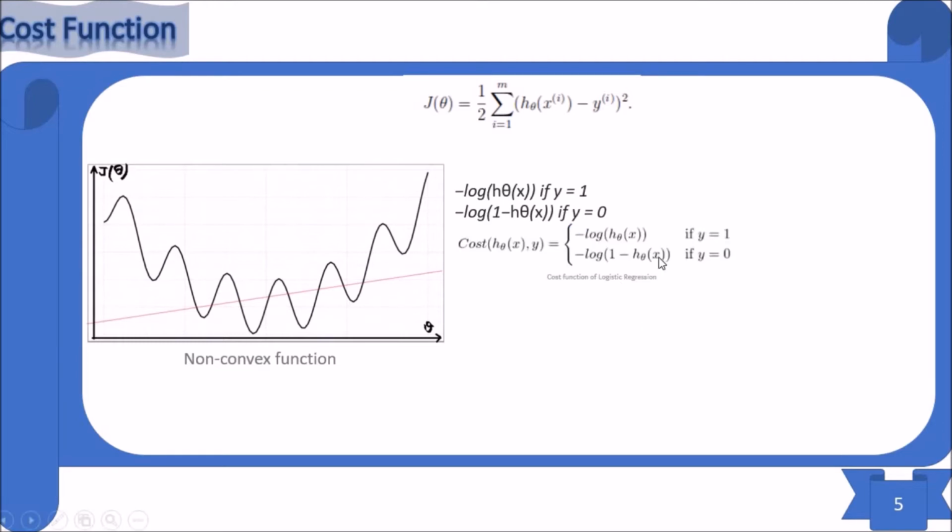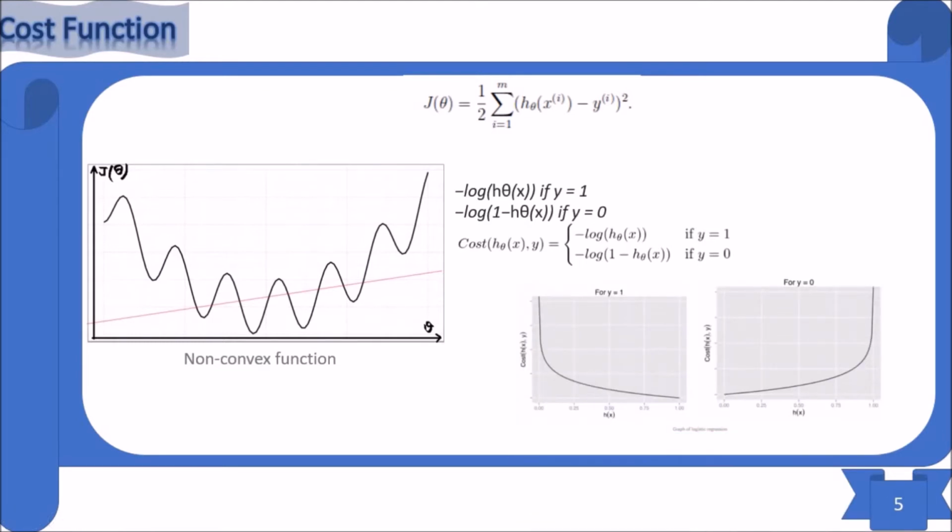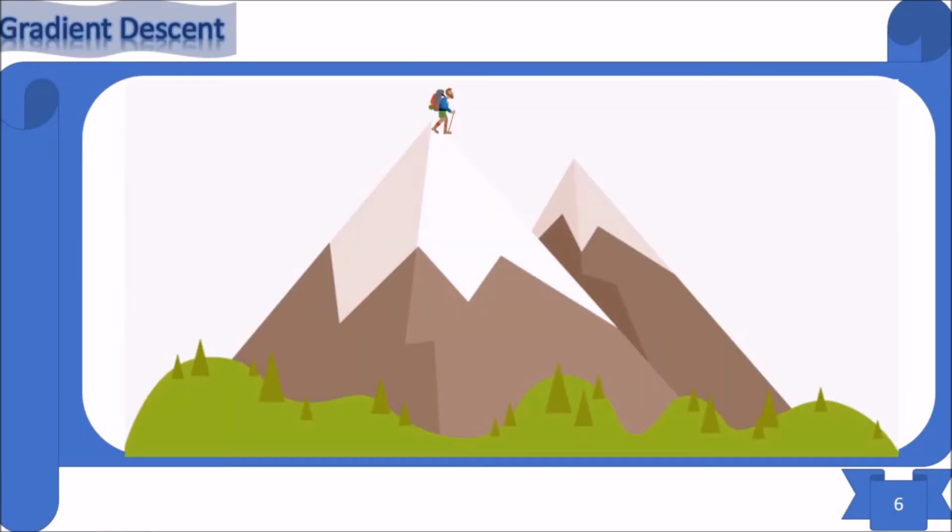We get graphs like this for y equals 1 and y equals 0. When we compress these two functions into a single equation, we get this J theta.